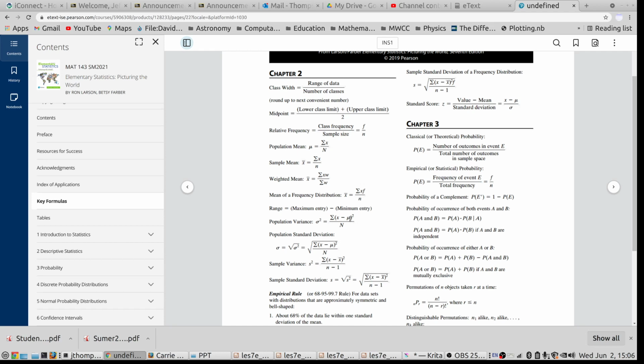What this does is the upper part, x minus mu, says how far away the piece of data is from the mean. We then square that so that we get a positive value always. And we add up those positive values and we divide it by the number of things in the sample. And so we're getting an average distance away from the mean.